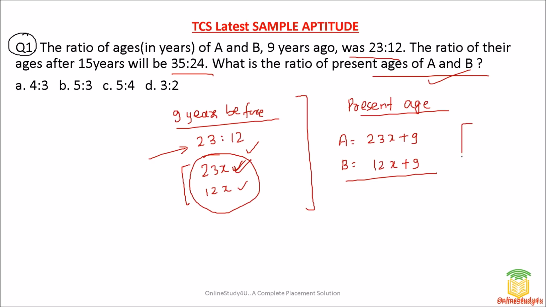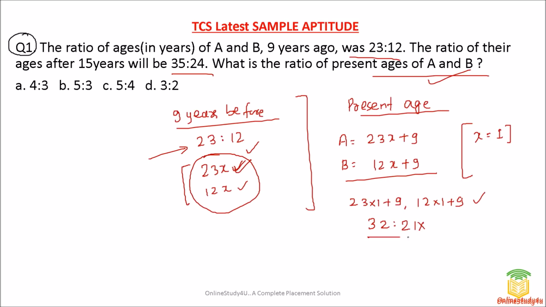Now friends, the x value you will be getting is either 1, 2, or 3. Suppose the value of x is 1, then 23 into 1 plus 9 will be A, and 12 into 1 plus 9 will be B. So 23 plus 9 will be 32, and 12 plus 9 will be 21.